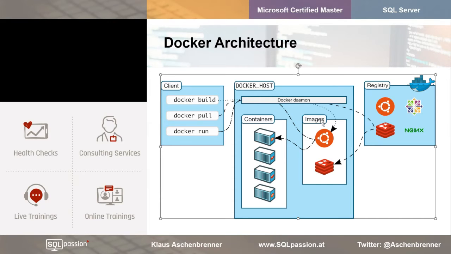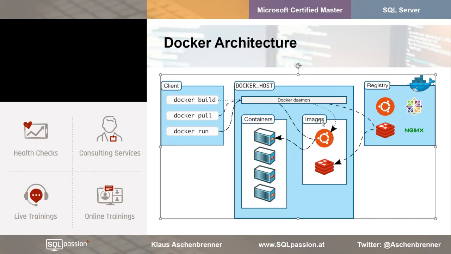Means you use the Docker run command, and then you instantiate the Docker image, and the output is a running Docker container. Means the Docker run command is something like installing SQL Server. Means you are taking that ISO image, you're running setup.exe, you're doing next, finish, and then you have an installed SQL Server instance.